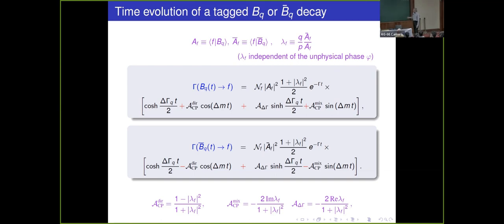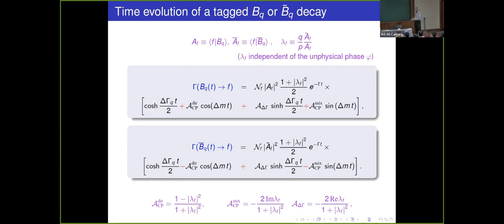So the coefficient of cosine delta m t is called A_CP direct. The coefficient of sine delta m t is called A_CP mixing, and the coefficient of sinh delta gamma t is called A delta gamma. These three are the measures of CP violation.